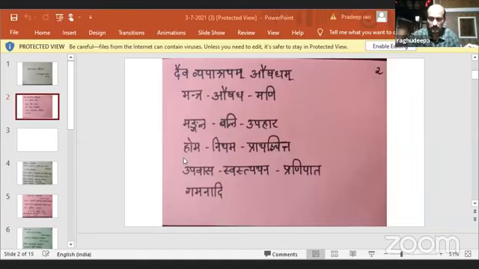Many of the Western scholars, especially in European countries, the German scholars, have utilized this tonometer and studied the different symmetrical structures produced by different mantras.